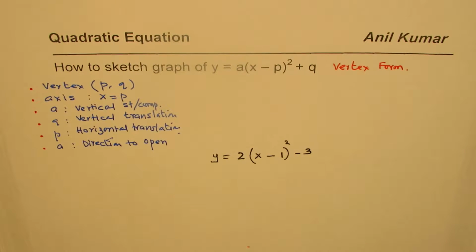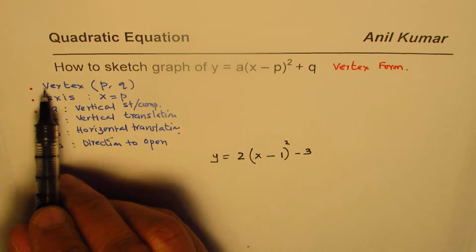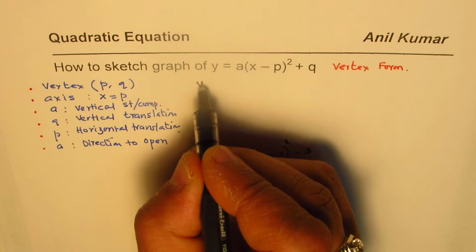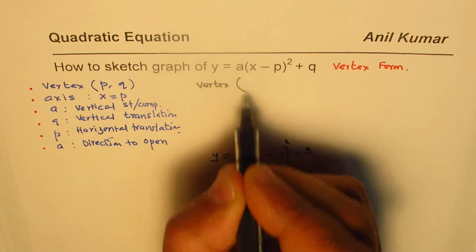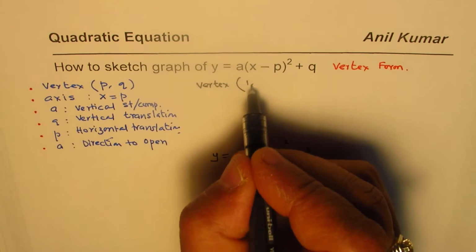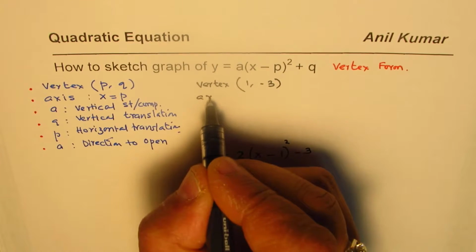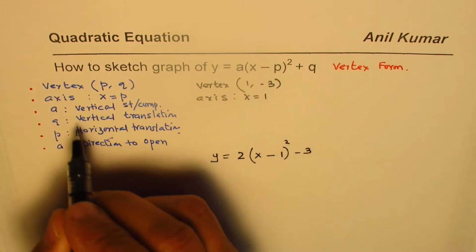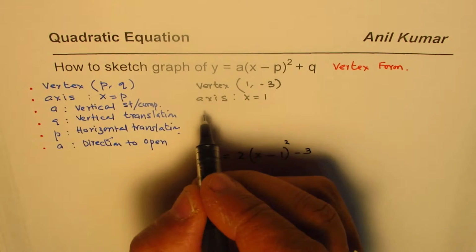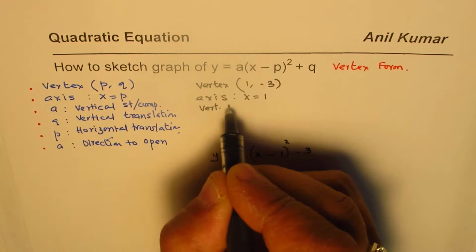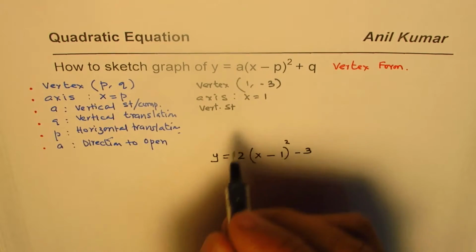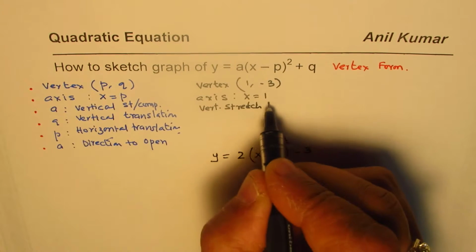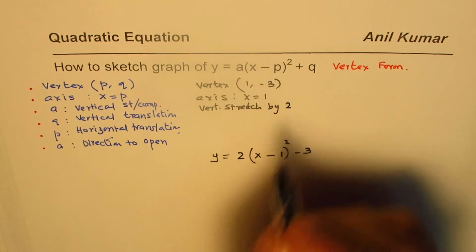Now if that is the equation, what are the characteristics? We'll go with the characteristics which we spelled out earlier. The vertex is going to be at (1, minus 3). The axis is at x equals 1. There is a vertical stretch by a factor of 2, since it is more than 1, so times 2.